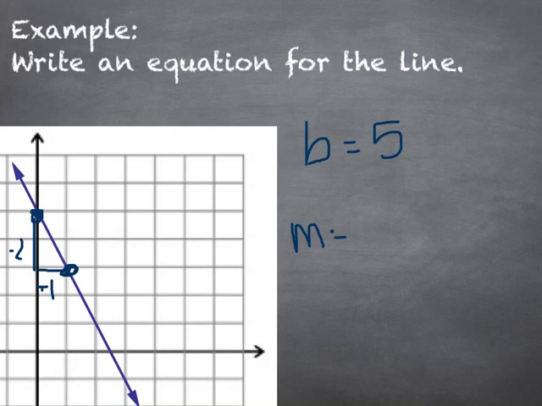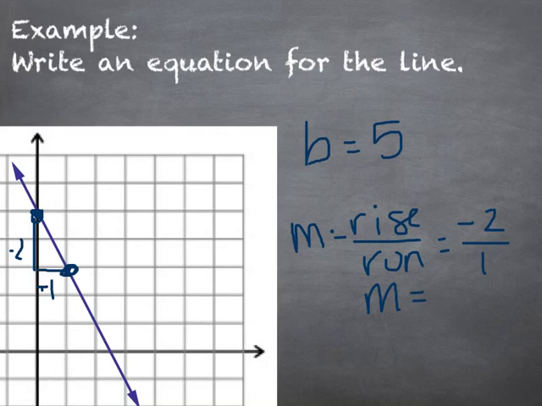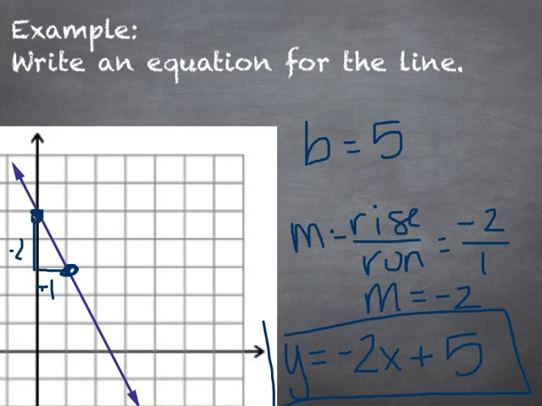So my slope, or my rise over run, is negative 2 over 1, which is just negative 2. We'll plug that into y equals mx plus b. Y equals negative 2x plus 5. We have written our equation of the line.